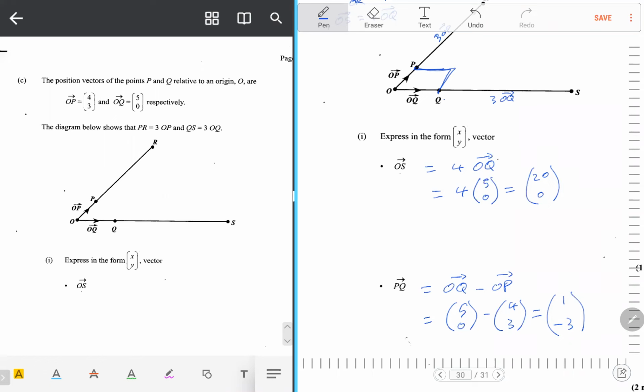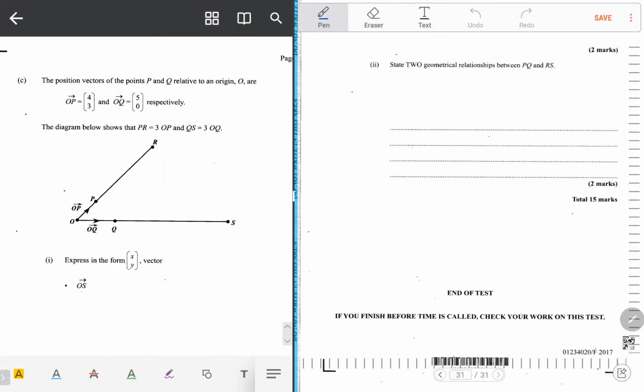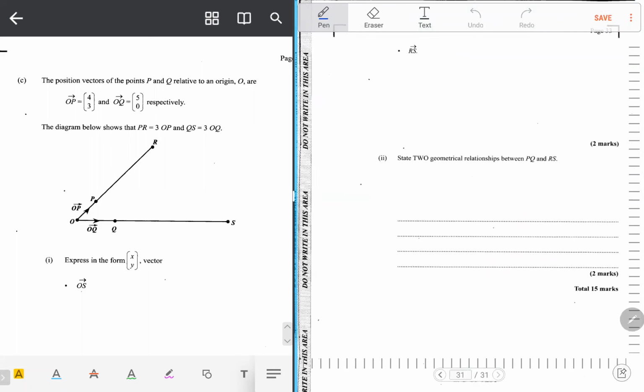I guess the scale kind of got messed up, but don't worry about it. But that's what it means, right? 1, -3. Then the next thing I want is on the next page.